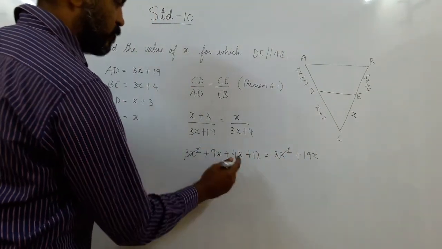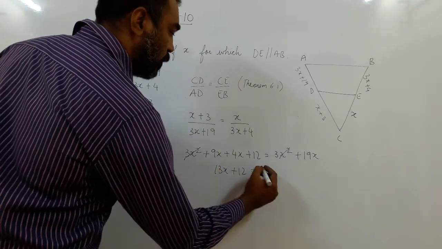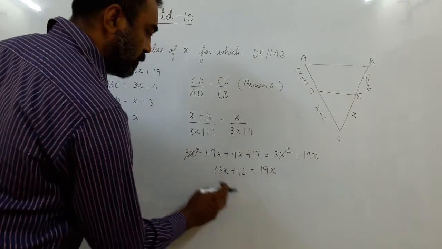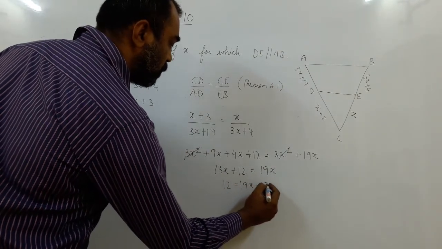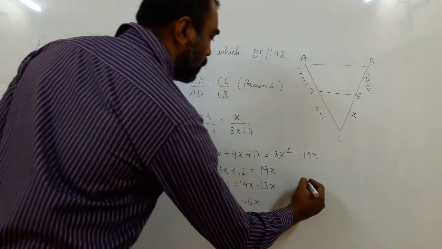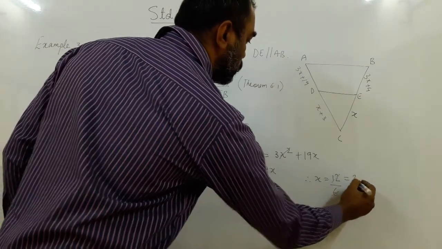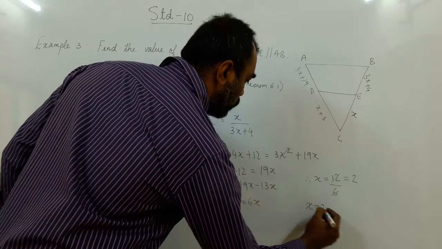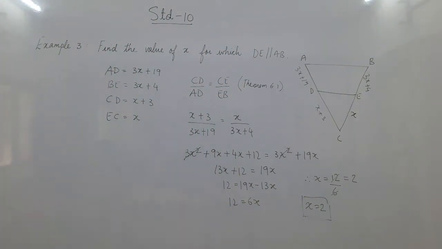Now we have 9x plus 4x, 13x plus 12 equal to 19x. 13x on this side, 12 equal to 19x minus 13x. 12 equal to 6x. Therefore x equal to 12 upon 6. X equal to 2. This was quite a very simple sum, and I think you must have finished the sum before me.